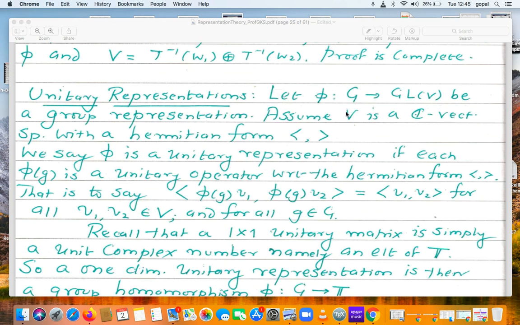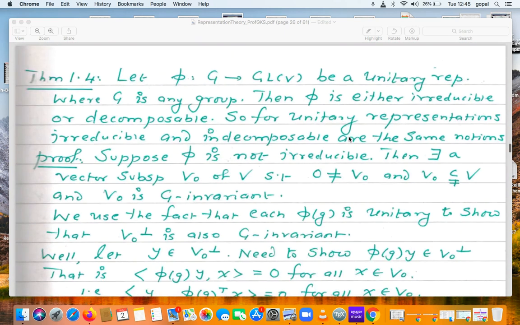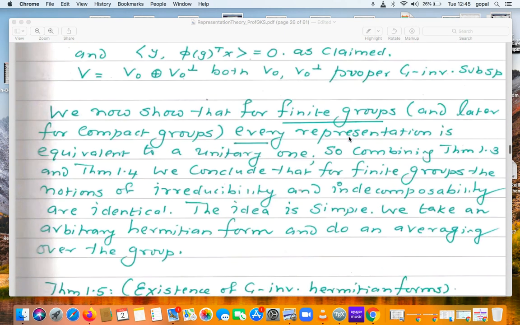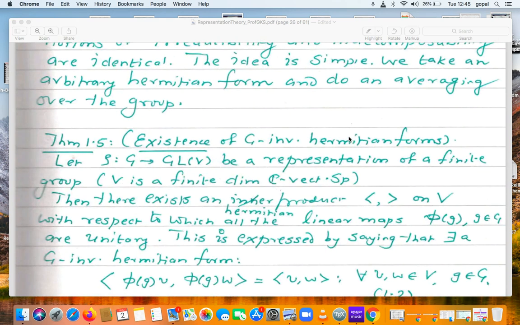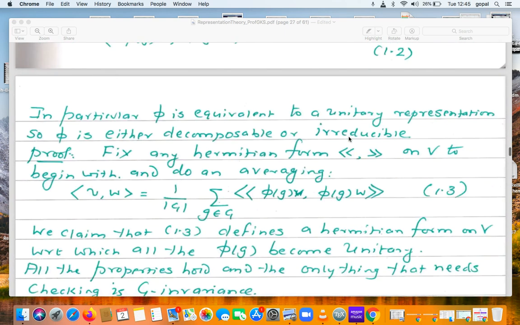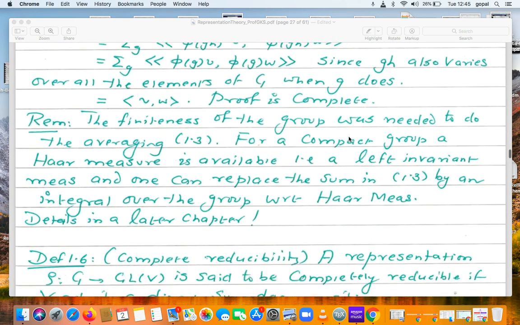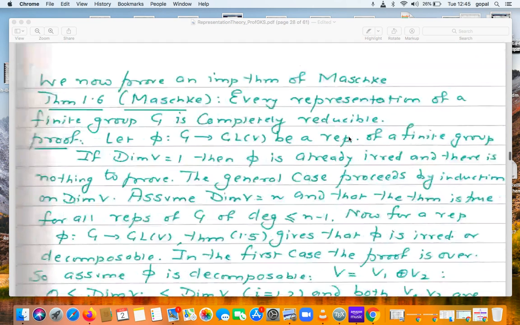In fact, if G is a finite group or a compact group, every representation is equivalent to a unitary representation. That is Maschke's theorem. And you can use this unitary argument to prove that every representation will decompose into a direct sum of irreducibles. And we're going to prove later that that's going to be unique. And that is complete reducibility, Maschke's theorem.